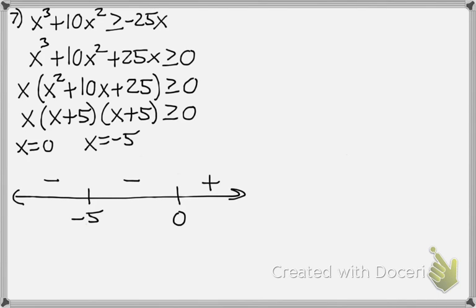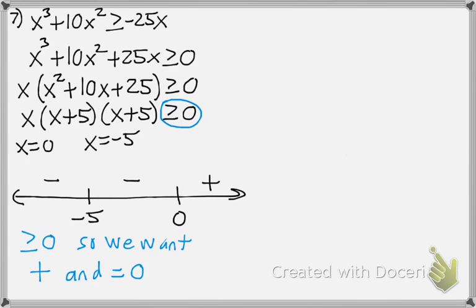So what we're looking for in this one, this is greater than or equal to 0. So we want where it's positive, but also where it's equal to 0.